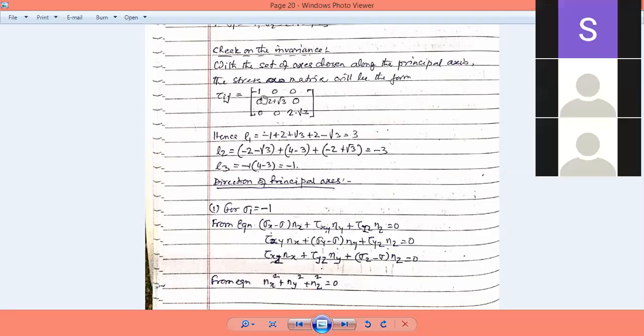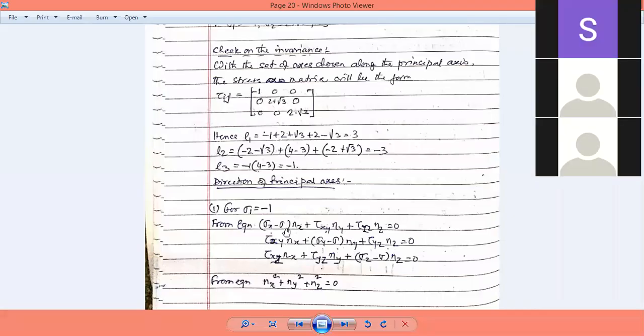Then what will happen? As we are talking about principal stress, there is no shear stress acting over any of the ox, oy, and oz planes. So all these shear stresses here are becoming zero. Only the principal tensile stresses are available here.